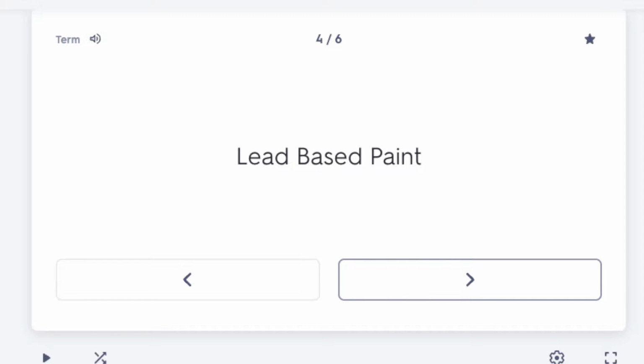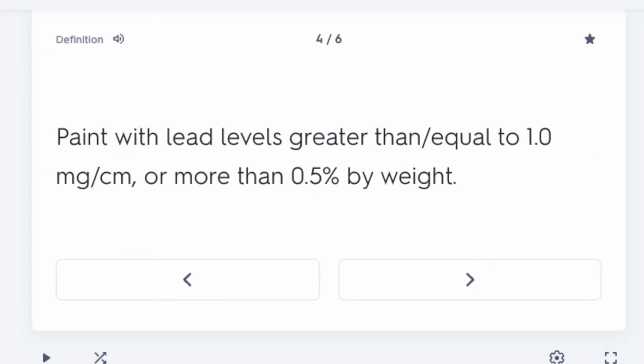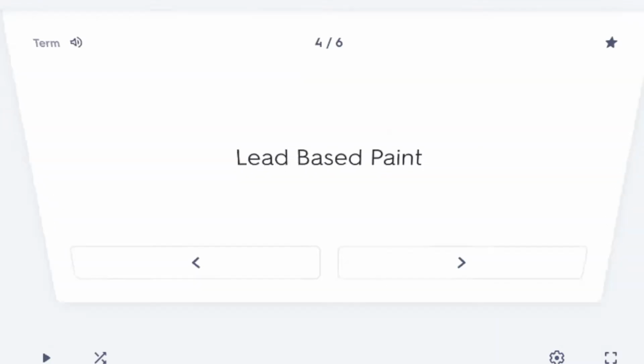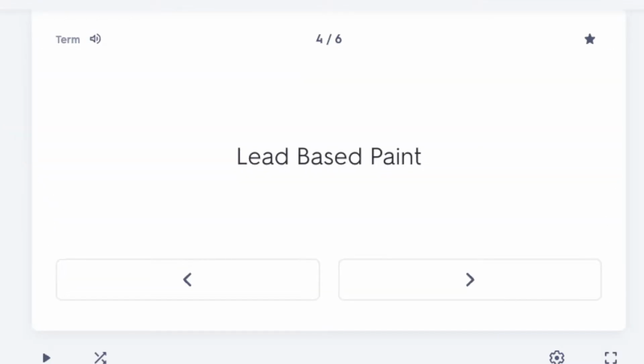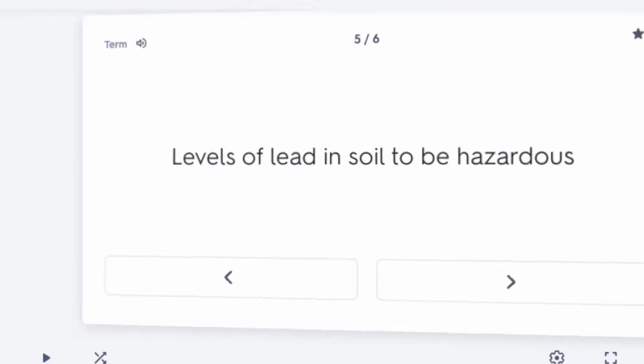And lead-based paint, we want to go back there. Lead-based paint is paint with lead levels that are greater than or equal to 1.0 or more than 0.5% weight. So if you see an exam question about lead-based paint, keep these numbers down because they will be critical or key for you answering those questions correctly.